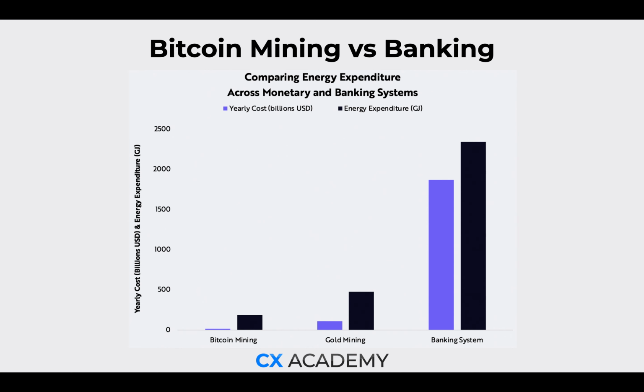Now, in terms of people trying to say that Bitcoin is incredibly harmful for the environment, the current banking system outweighs it heavily. So in my opinion, that argument is almost obsolete at this point, especially as we are getting more green mining farms popping up all around the world.